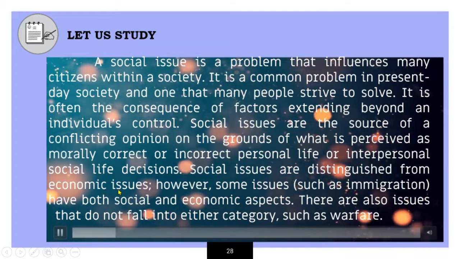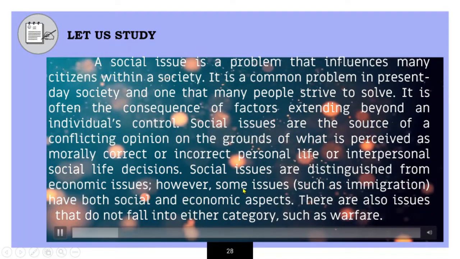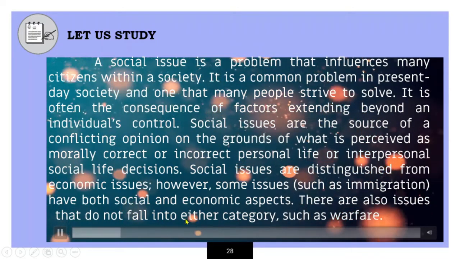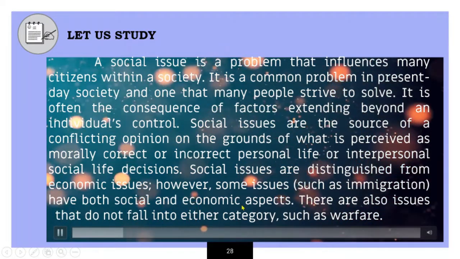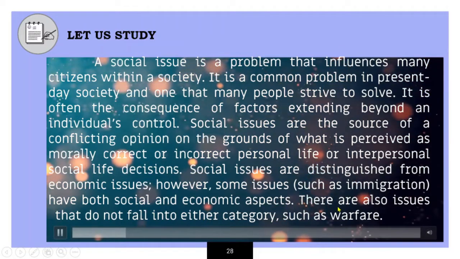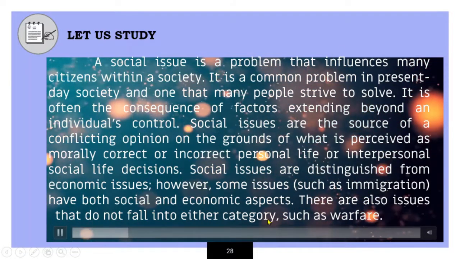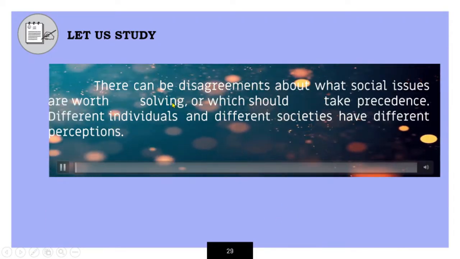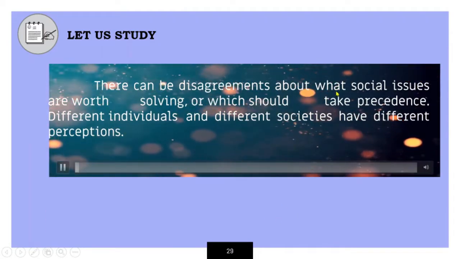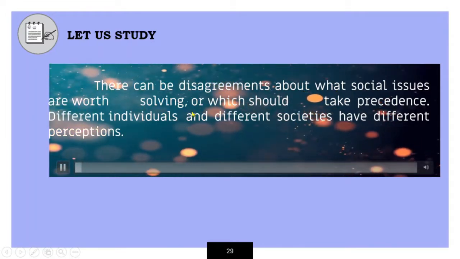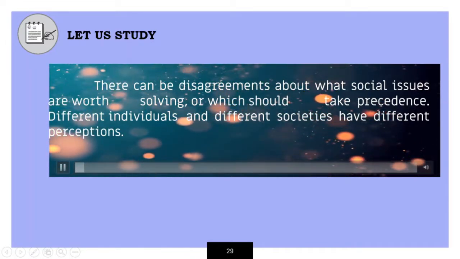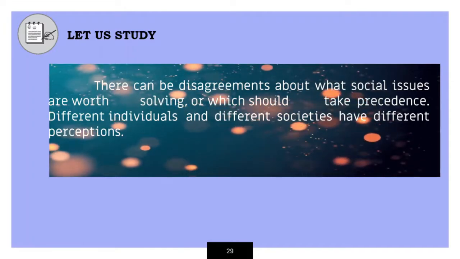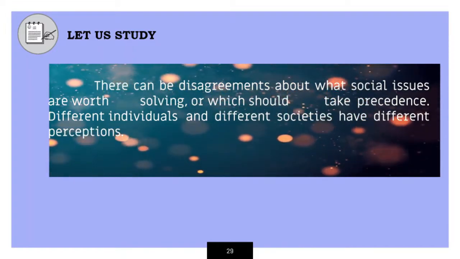Social issues are distinguished from economic issues. However, some issues such as immigration have both social and economic aspects. There are also issues that do not fall into either category, such as warfare. There can be disagreements about what social issues are worth solving or which should take precedence. Different individuals and different societies have different perceptions.